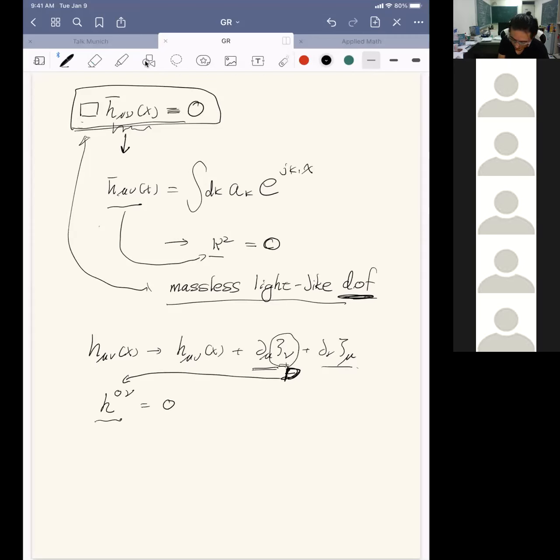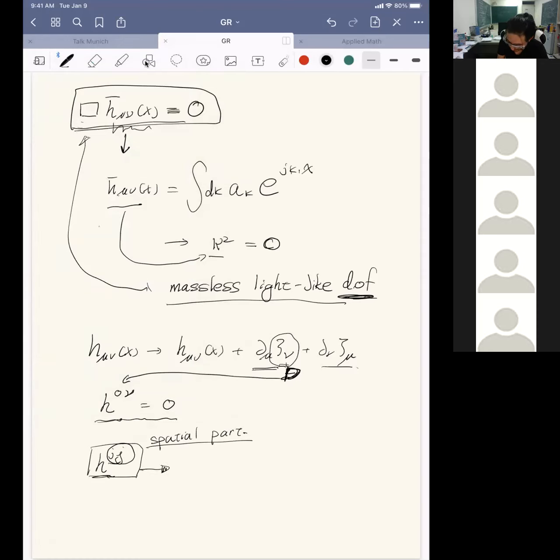Then this means that since h0 nu is 0, you only have h ij, where i and j are only the spatial part.